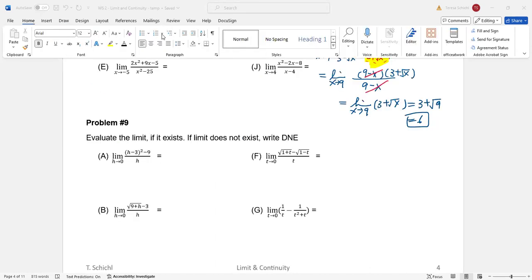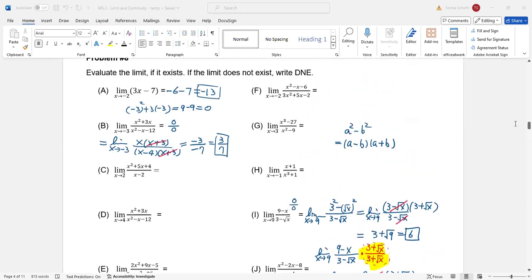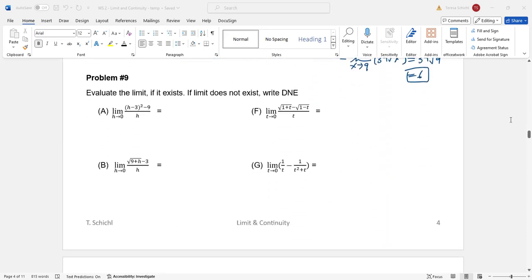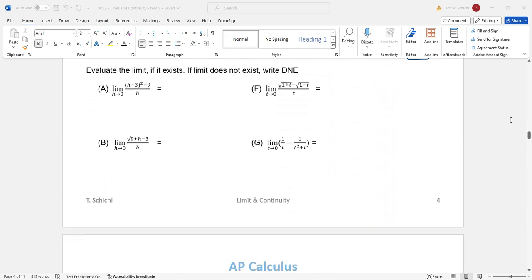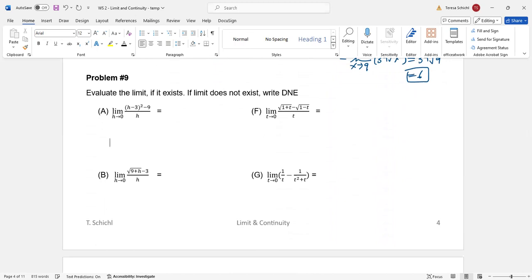In lecture number 2, we did the factoring method and stopped at problem number 8. Today, let's continue and start problem number 9. Evaluate the limit. If the limit does not exist, say DNE. Let's look at the first part.